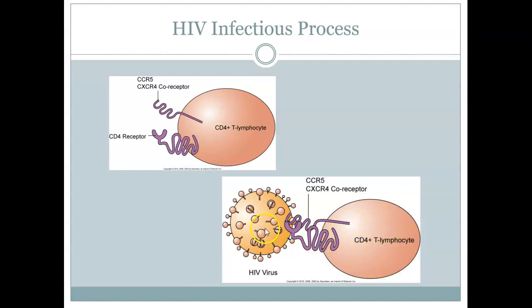HIV can readily dock onto this receptor, and it changes the DNA makeup of our CD4 T lymphocytes. So it basically hijacks our immune system and changes the DNA of these T lymphocytes.